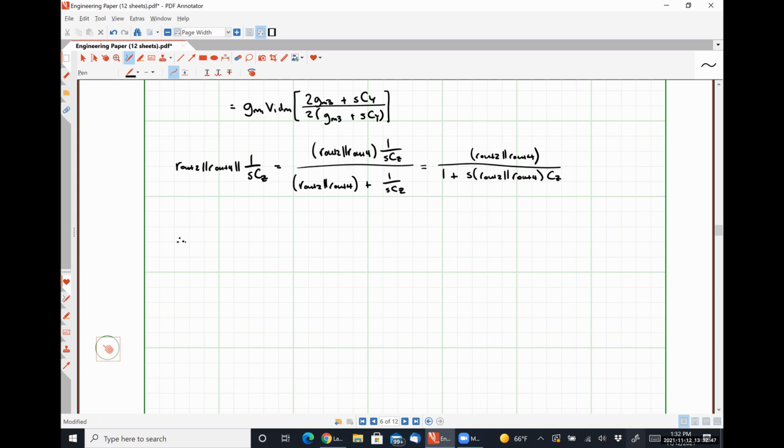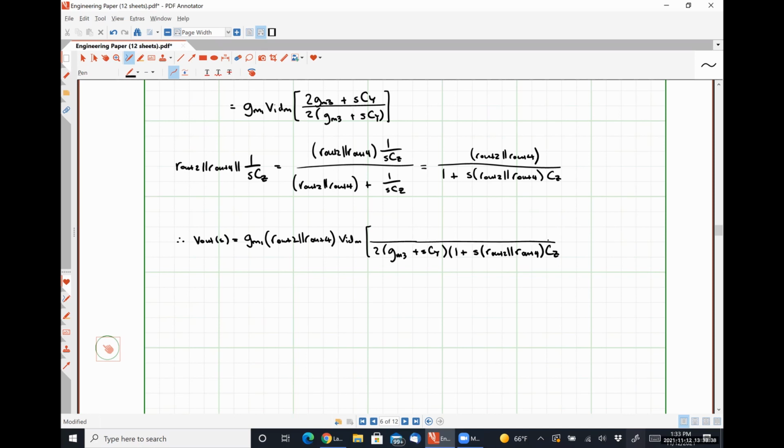So from this, V out will be GM1 times R out 2 in parallel with R out 4 times VIDM, multiplied by a factor of, so my denominator is going to look like 2 GM3 plus SCY, and that's going to be multiplied by 1 plus S times R out 2 in parallel with R out 4 times CZ.